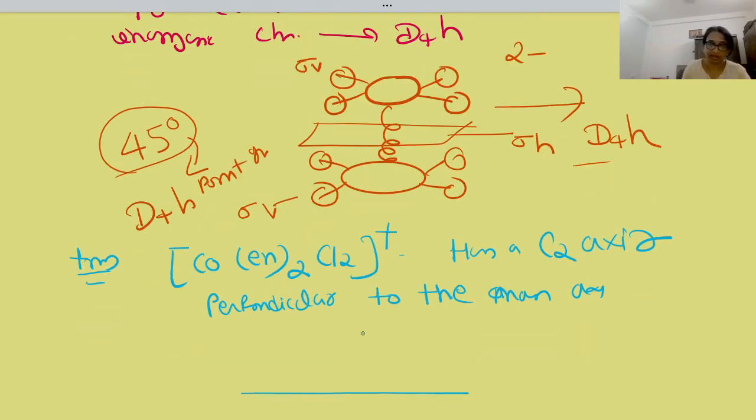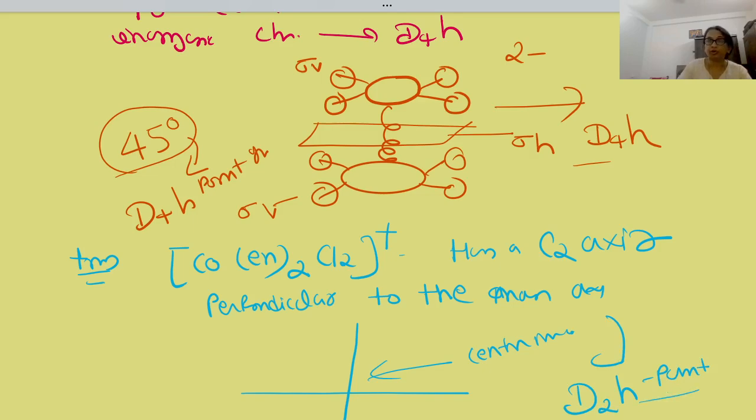This is the main axis and it is the x-axis. According to this, the center of inversion is present, and due to this the D2h point group is formed.